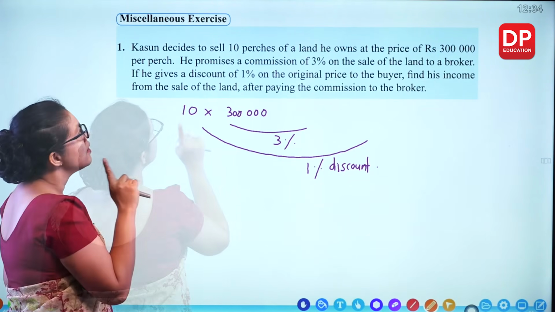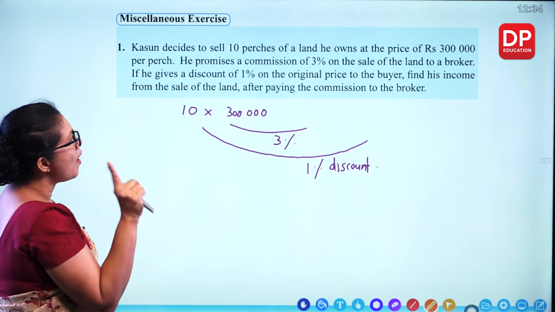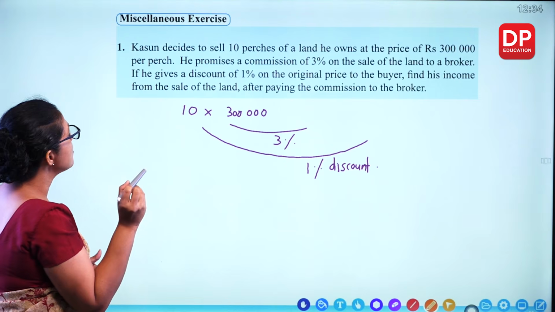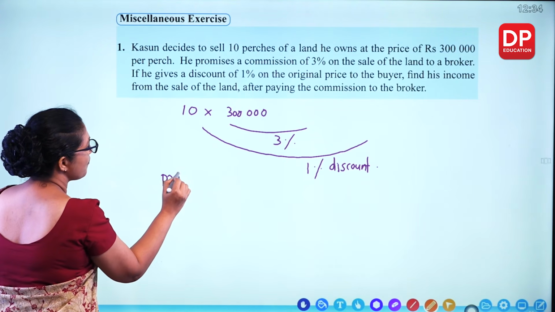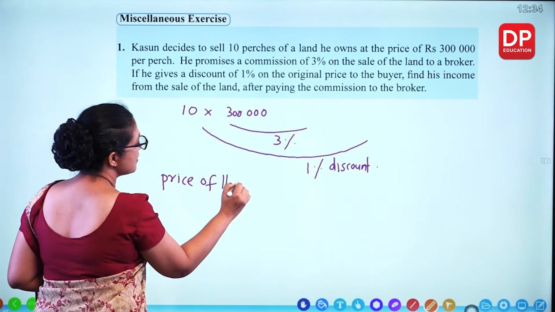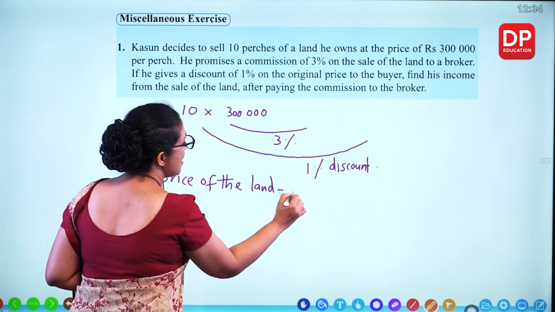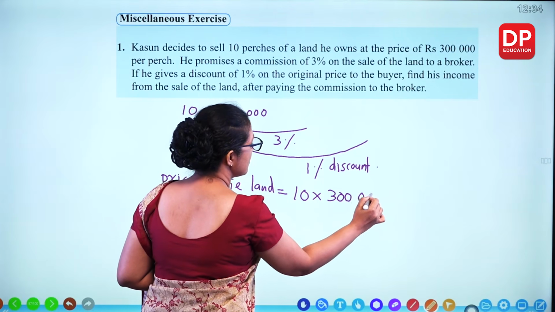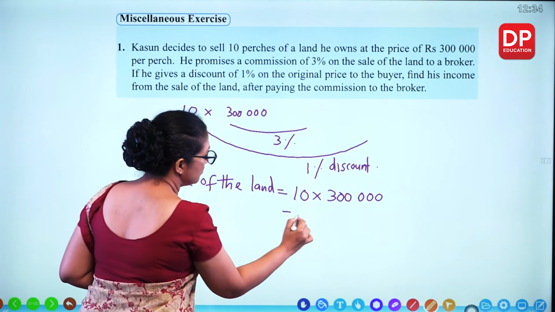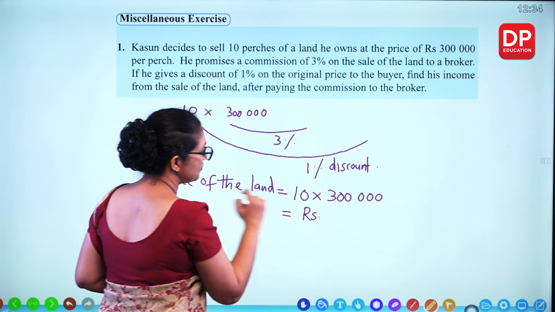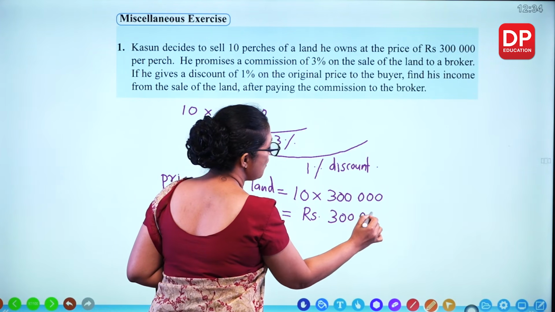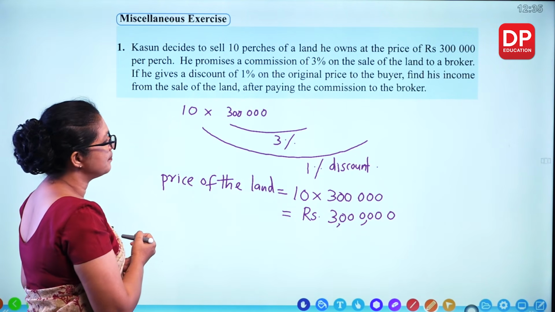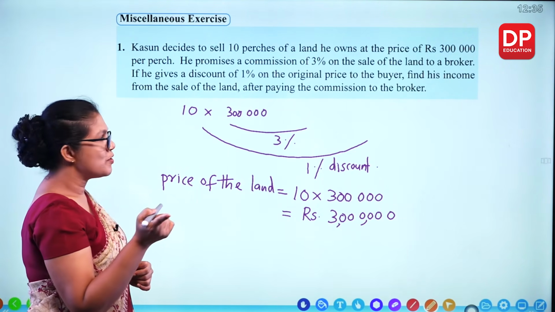So 10 perches of land, 1 perch, 300,000 rupees. So what's the price of the land? 10 perches worth 300,000 each. What's the value? That means 3 million. 3% commission is given.